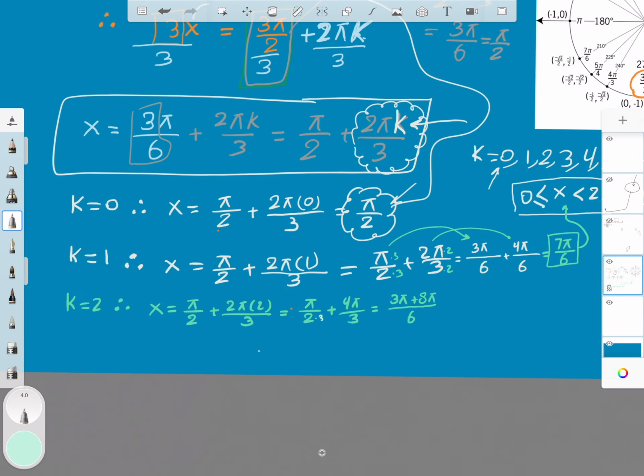So we multiply this by 3, multiply by 2. This becomes 8 pi. This is 3 pi. You add them, you get 11 pi over 6. So 11 pi over 6 still is between 0 and 2 pi. So far we got 3 solutions.